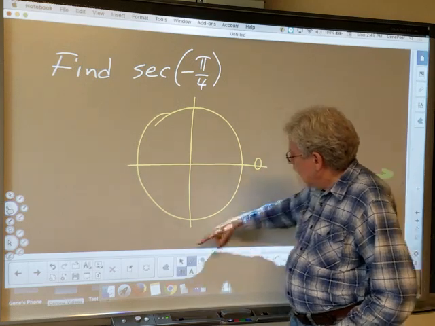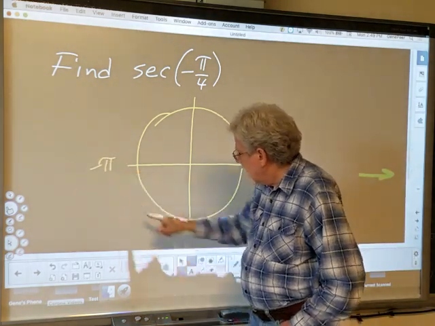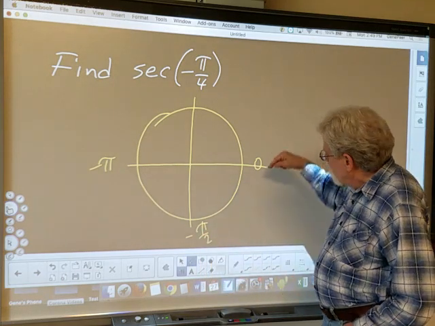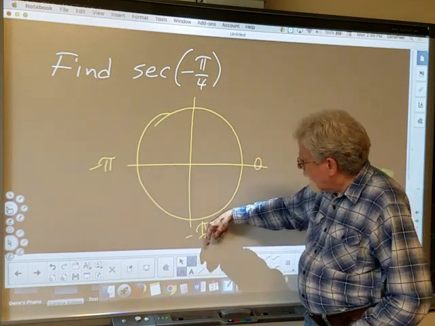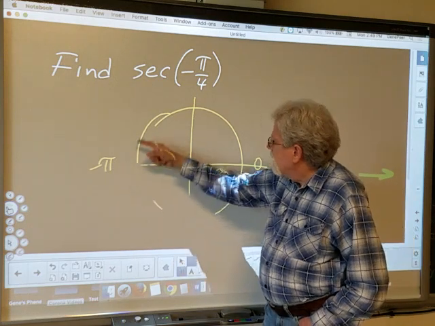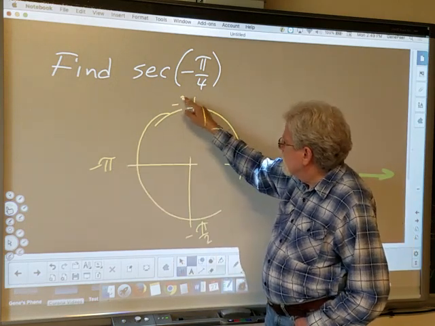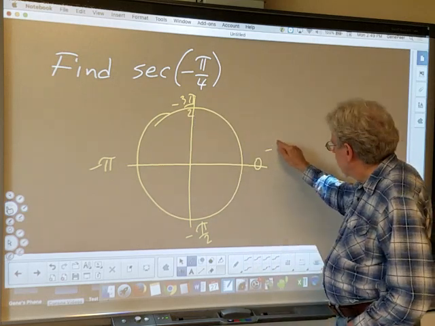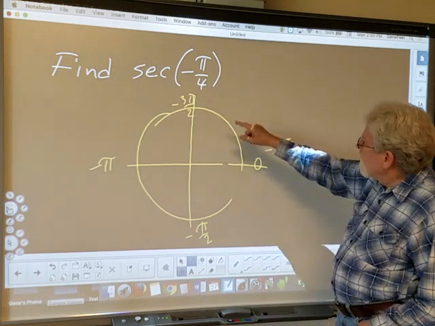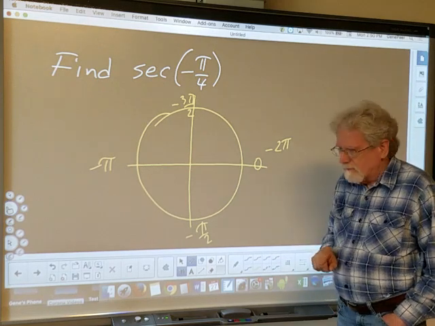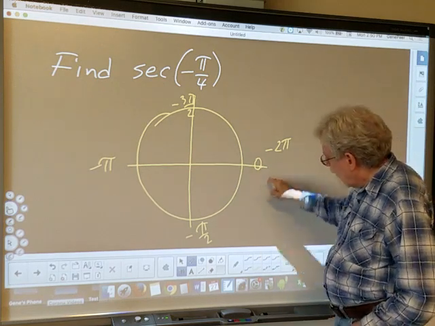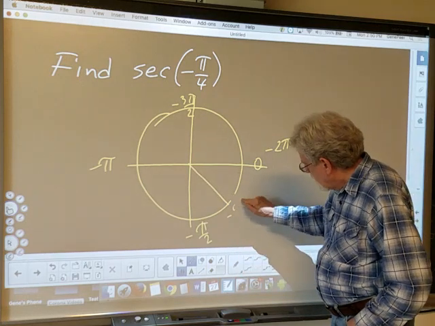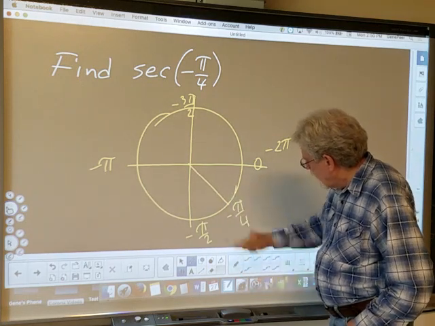Then this would be negative pi over 2, negative pi, negative 1.5 pi, and negative 2 pi. We're looking for negative 1/4 pi. Well, that's halfway between 0 and negative 1/2 pi. So we're talking about an angle sitting right there.